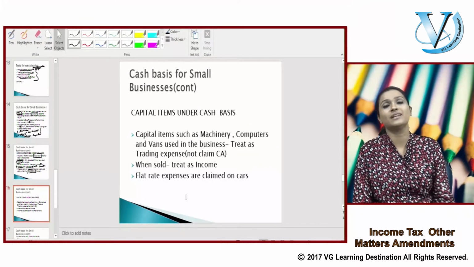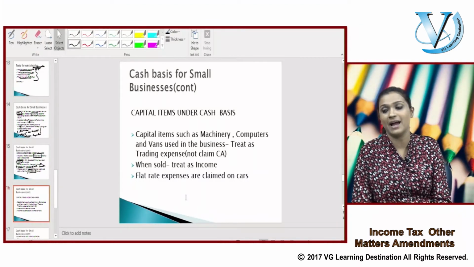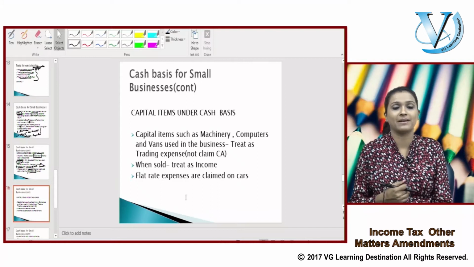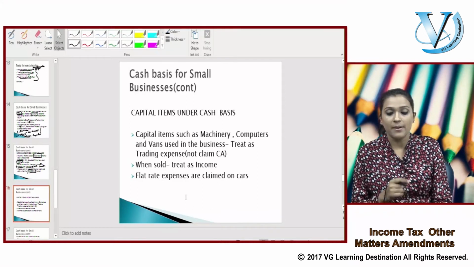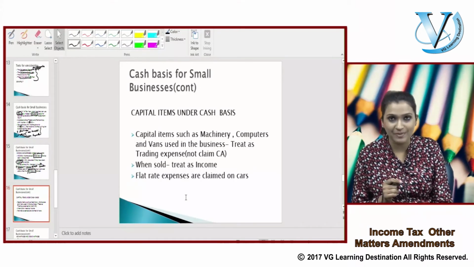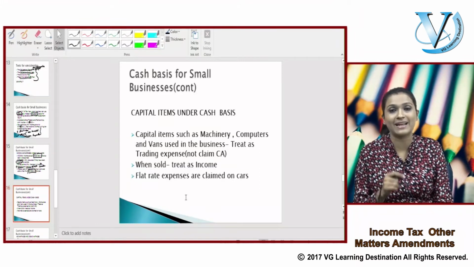Now, what happens for capital items under the cash basis? Generally, capital items would enjoy a capital allowance. However, now because you have a cash basis of accounts, you need to simplify your expenses.